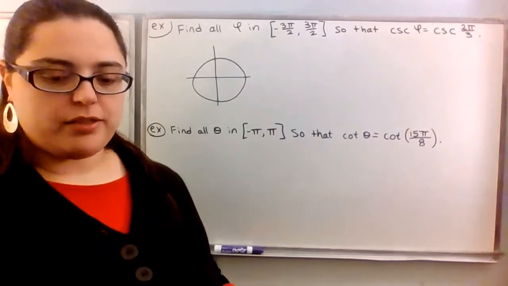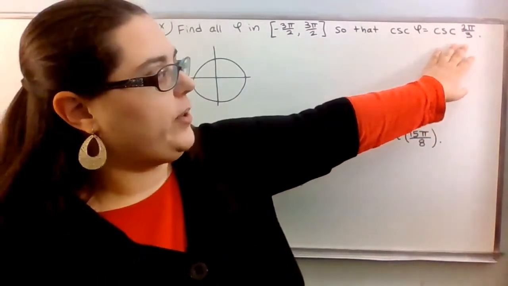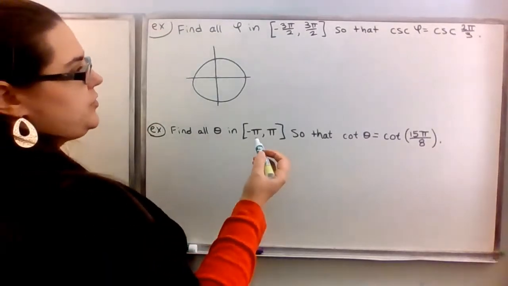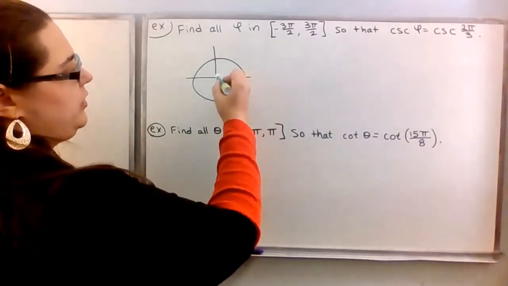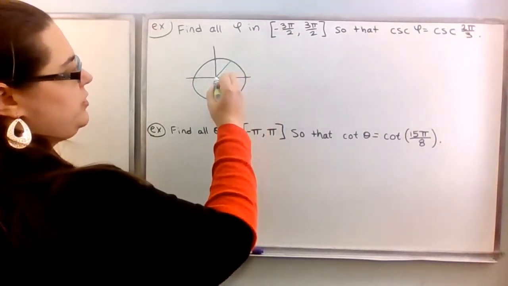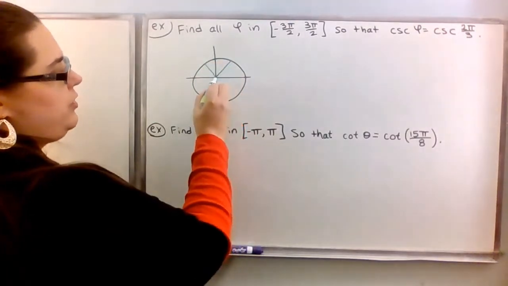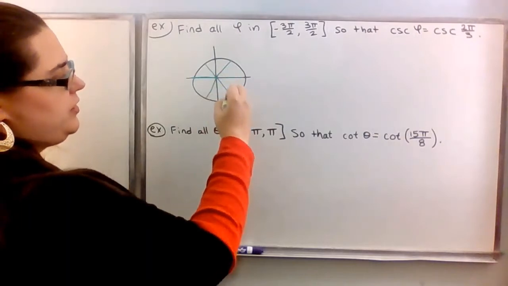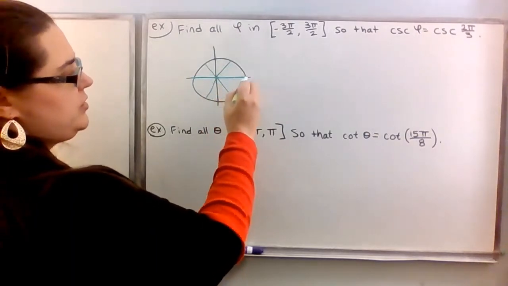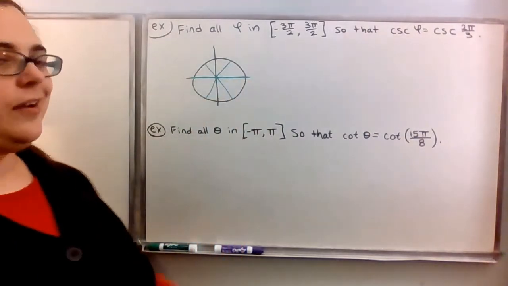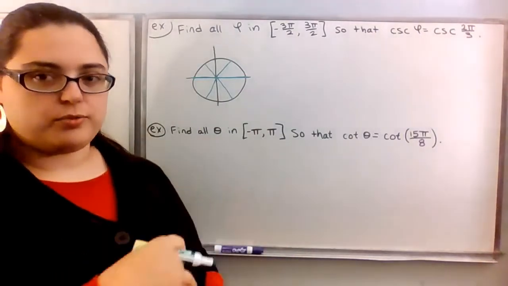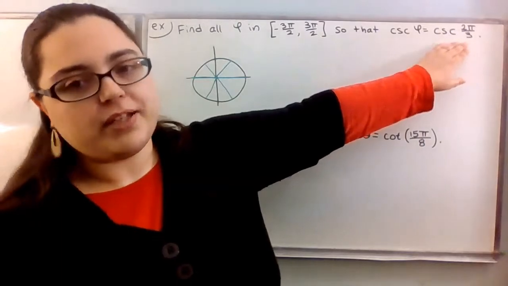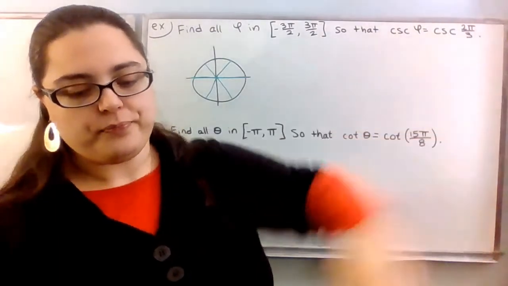I'm going to do pi thirds because the angle that we have is in terms of pi thirds. So pi thirds are, here's 1 pi third, 2 pi third, 3 pi thirds, 4 pi thirds, 5 pi thirds, 6 pi thirds. And as we go around, we'll be counting on those green lines. So the green lines are representing pi thirds because that's the angle we have.